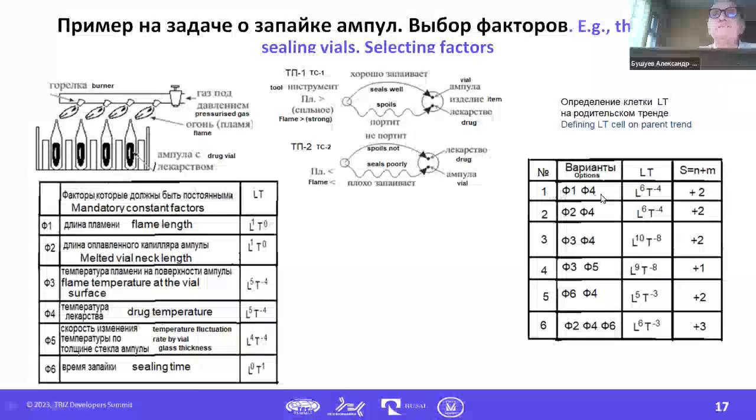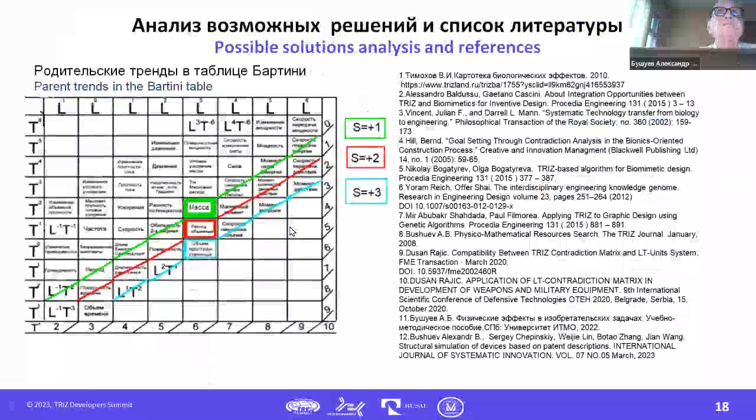Then in couples, we combine them logically, we multiply them. Then we got an indicator with time, and then we can see trends. Here is trend S plus 1, the green one, and the red one is S plus 3. Then we look at the proper solutions for us.